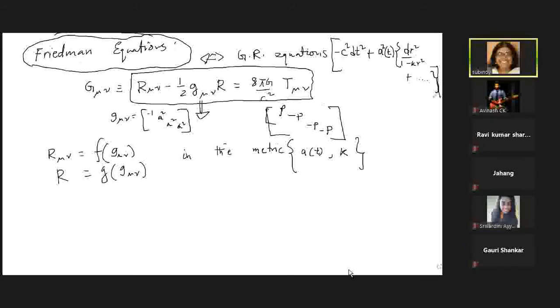Yes, there is no k here. So if you write it in the dr, d theta, d phi coordinates, the metric will also pick up a square root of 1 minus k r square term, because we don't put k equals to 0. So the only two unknown things in this metric are a and k. Two unknowns.